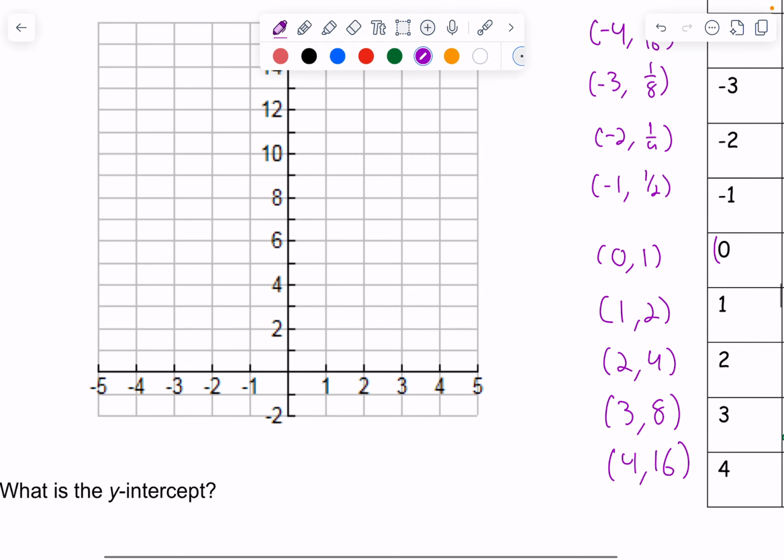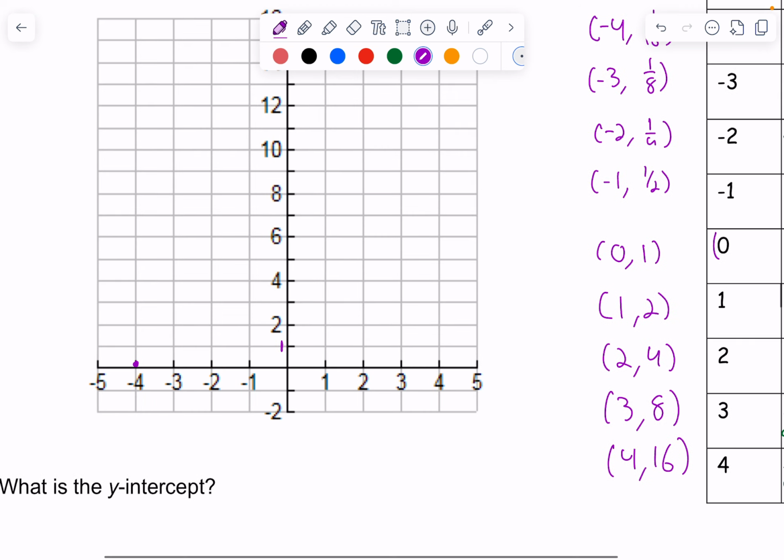So negative 4 and 1 over 16. That's really small. Here's 1, so 1/16 would be really close to that 0 line. Negative 3 and 1/8 is still small, but slightly bigger, maybe there. Negative 2 and 1/4, slightly bigger still, right there. Negative 1 and 1/2, it's halfway up, like there. 0 and 1, right here. 1 and 2, right there. 2 and 4, right there. 3 and 8, right up here.